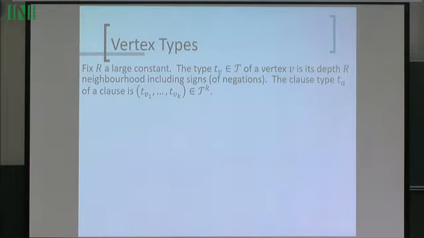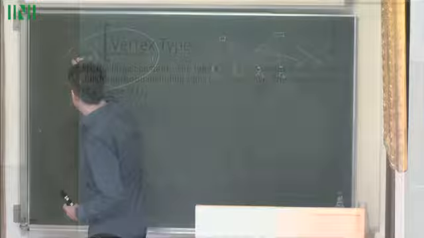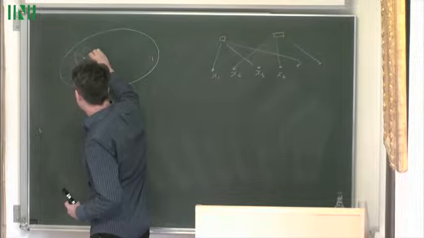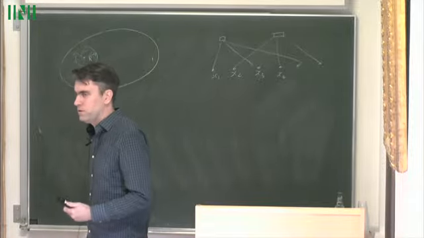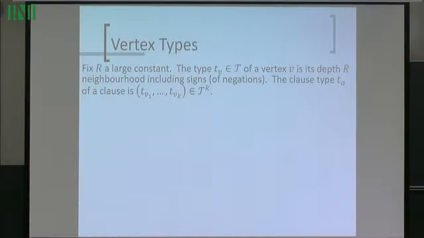You can think of r as some large constant, which we're ultimately going to take to infinity, but for now just think of it as some big fixed number. The vertex's type is just the graph inside this big ball, which will almost always be a tree. It should remember the tree structure plus which of the edges are negated or not. The clause type will just be the vertex types of all the variables in that clause.